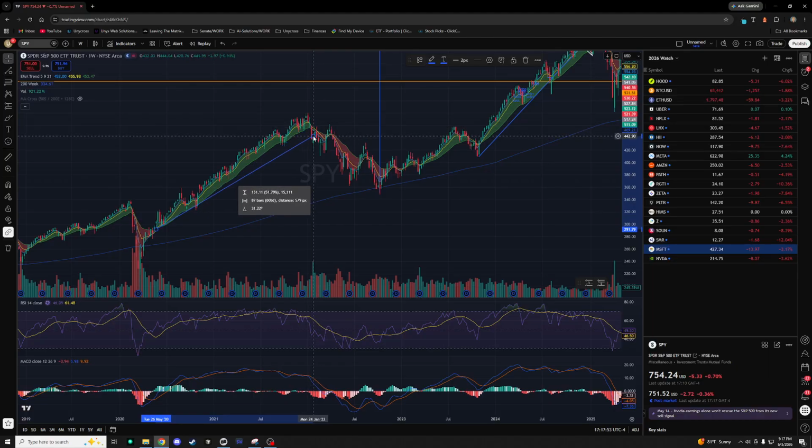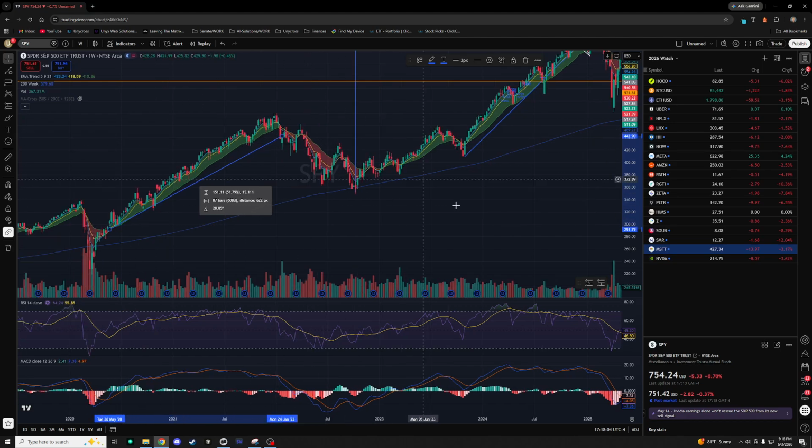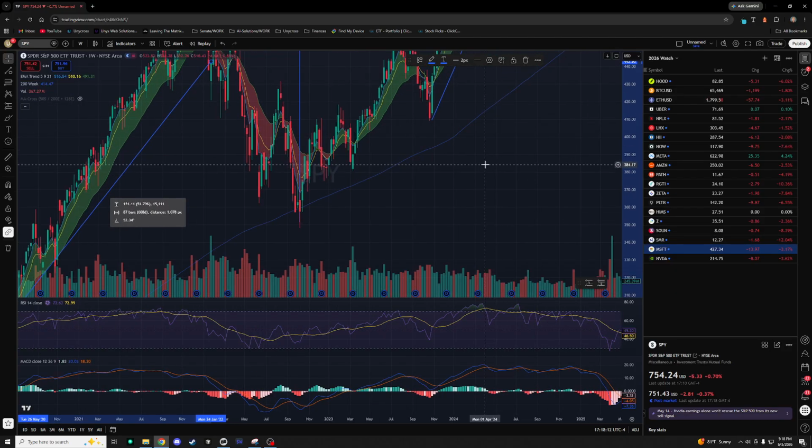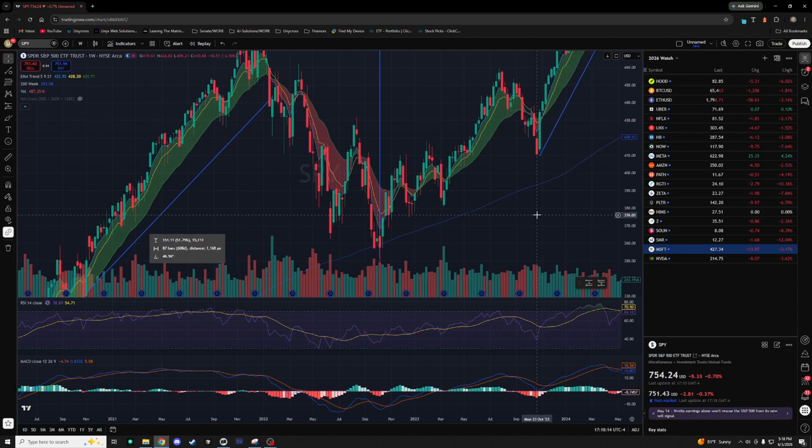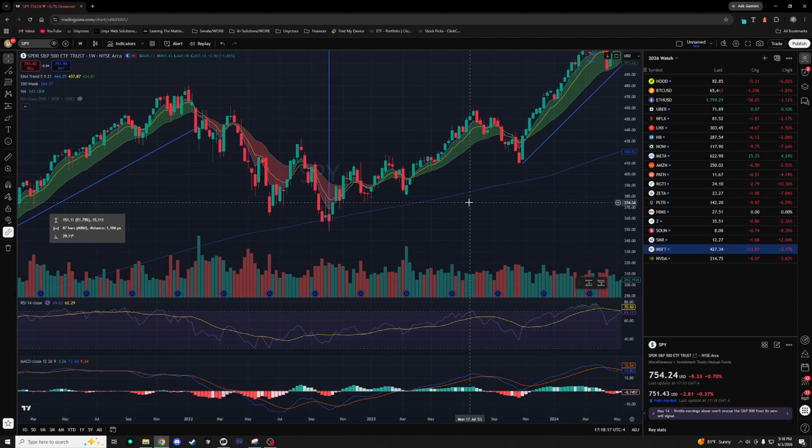So it was really this day. 51% over May of 2020 to January of 2022. Captured the entire bull market. And then this is the bear market. It kept you out of the entire bear market. It told you not to go back in the entire bear market. It just works.